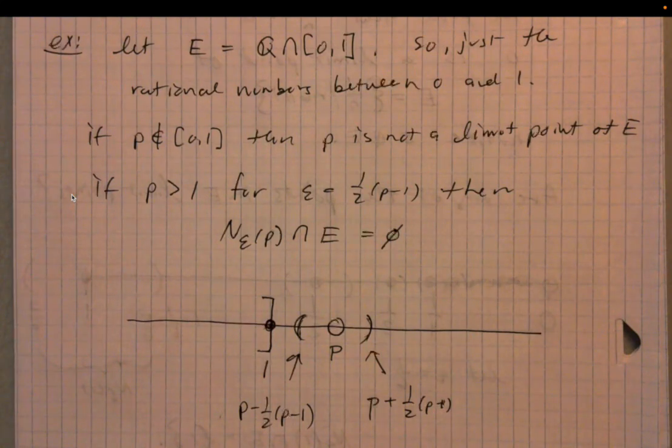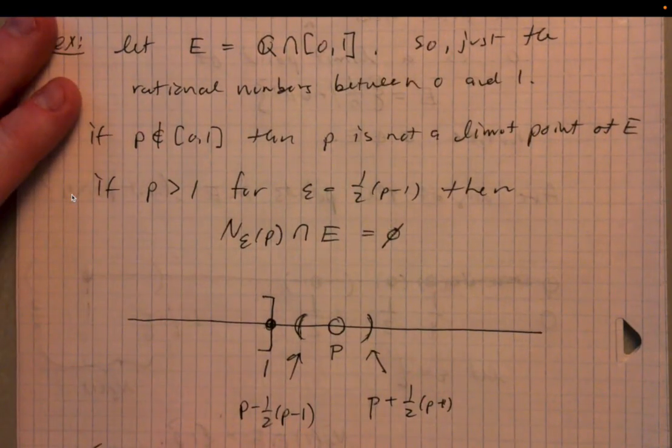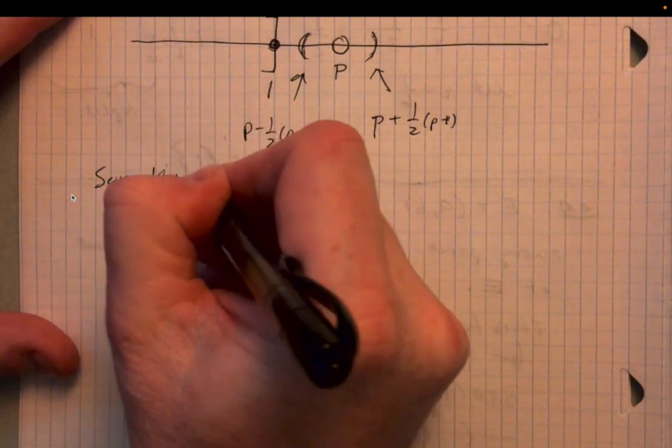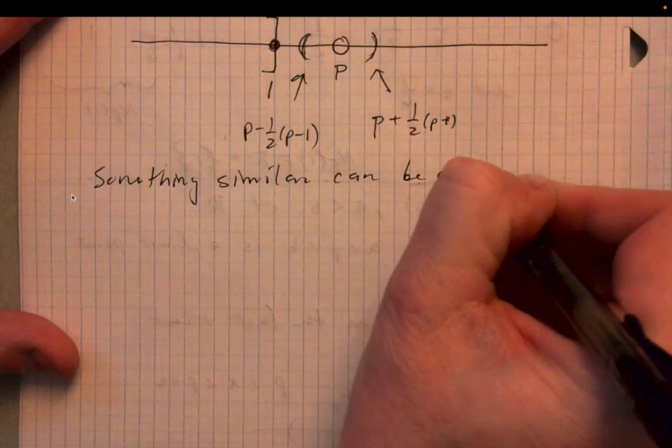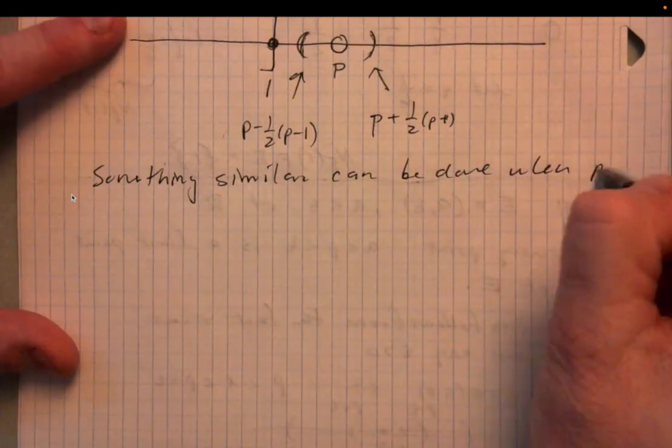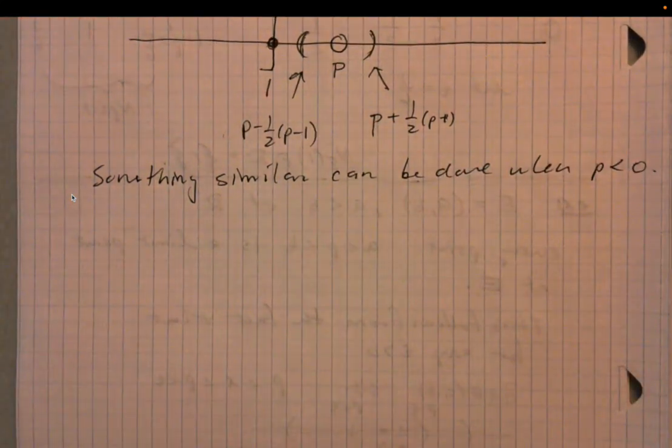For that reason, no matter how close to 1 I am, if I'm above it, I can always build an epsilon neighborhood that doesn't cross that border. Okay, and you could do something similar when P is less than 0. It's the same argument, basically.